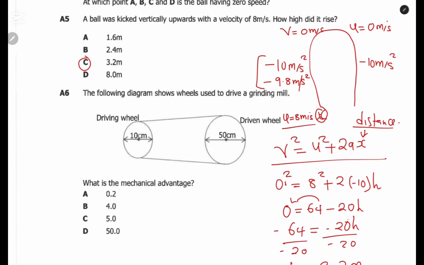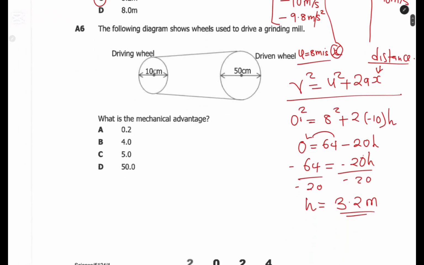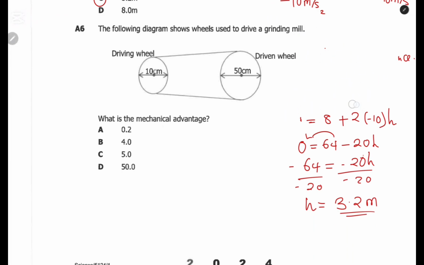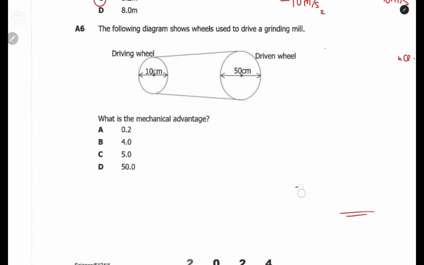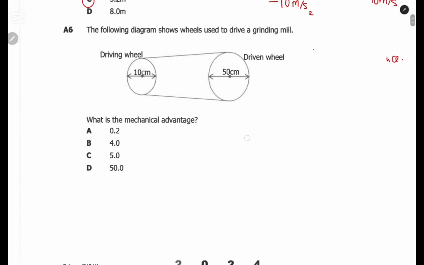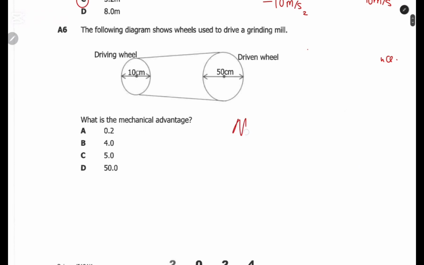All right, we continue with question 6. Question 6 says the following diagram shows a wheel used to drive a grind mill. What is the mechanical advantage? So mechanical advantage is equal to driven wheel divided by driving wheel.